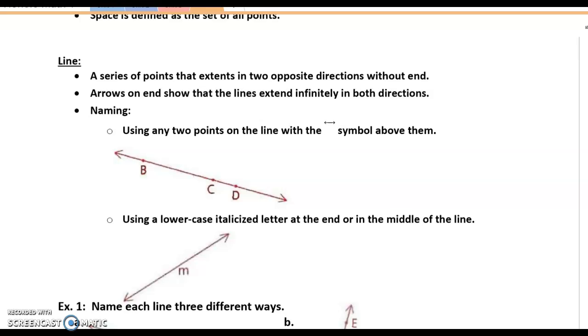When you are naming a line, you're going to pick 2 points that lie on the line, and then you're going to use this symbol above those 2 points. Okay, sometimes you may see a line named with a lowercase letter. All right, usually that's going to be written in the middle of the line.